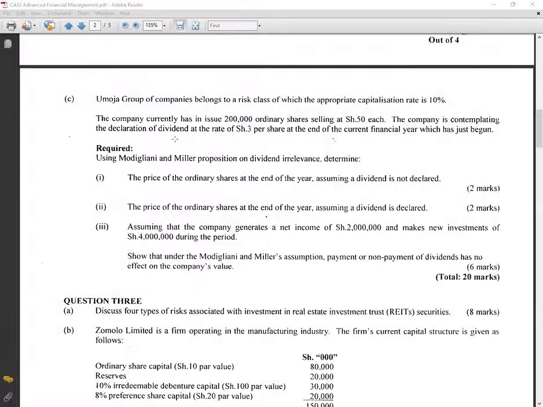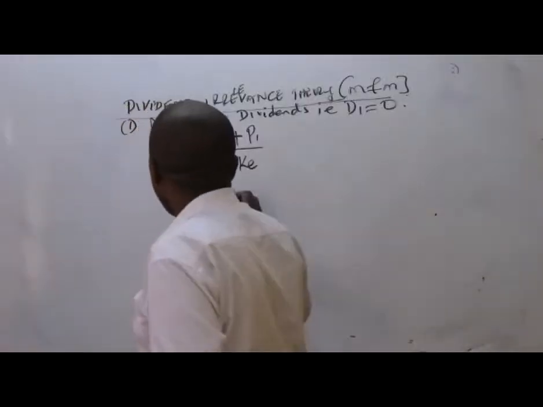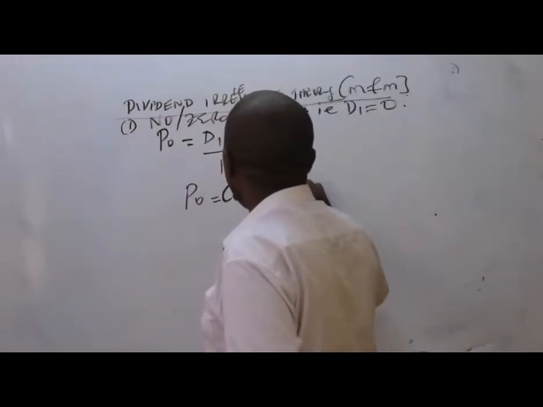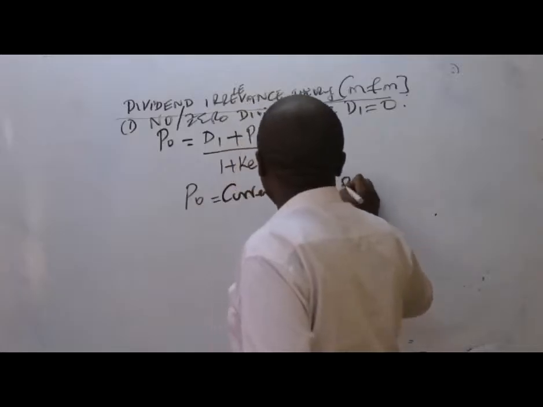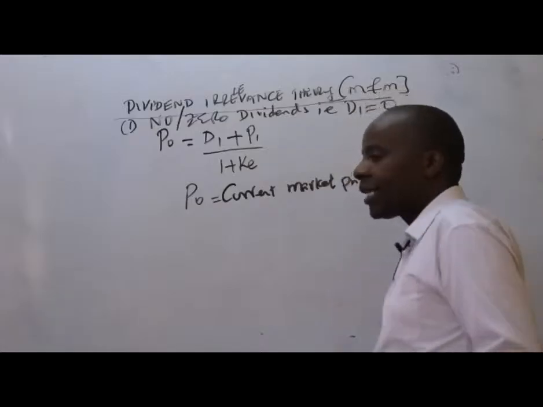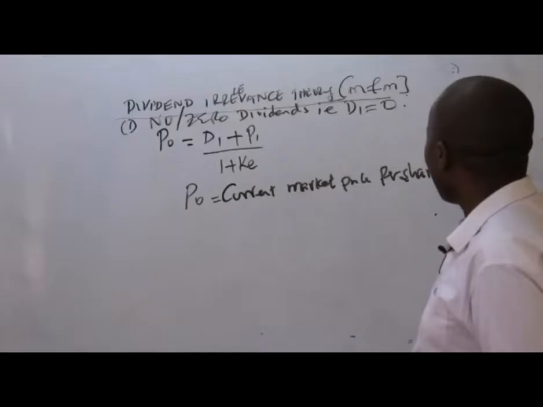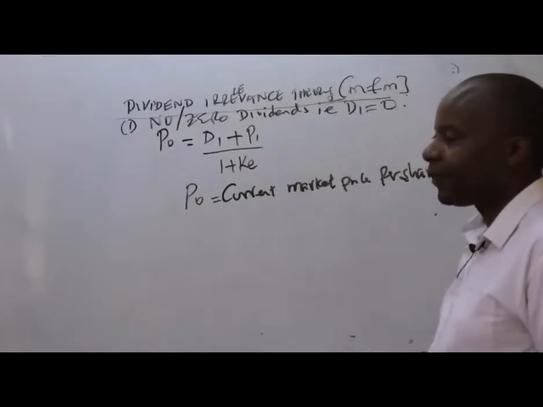They have told me the company currently has in issue 200,000 ordinary shares, currently selling at, remember P0 is the current market price per share, which in this case they are telling us is 50.